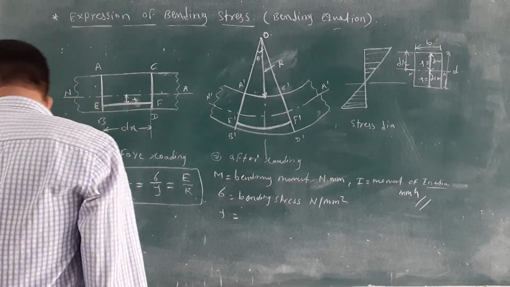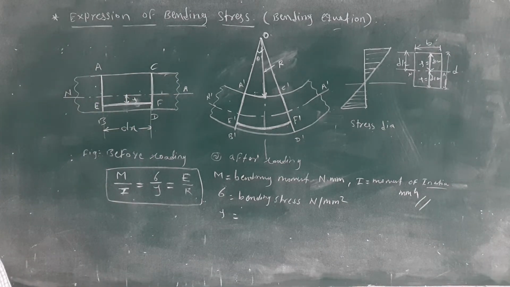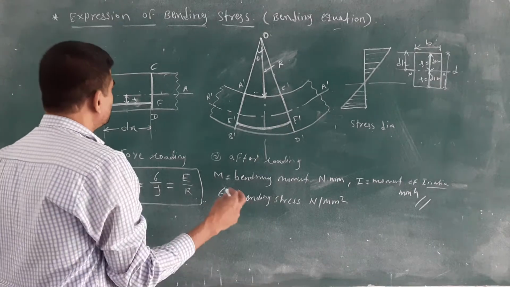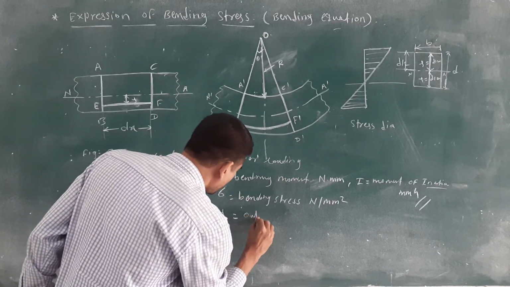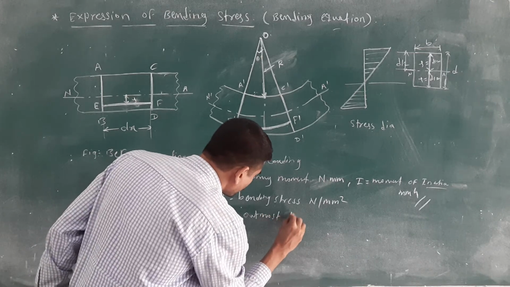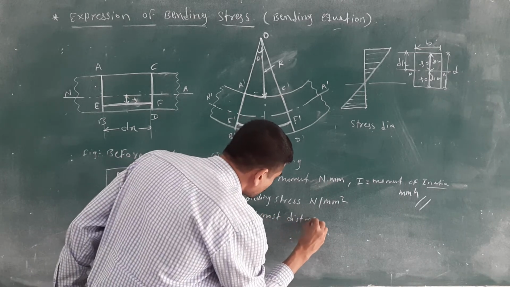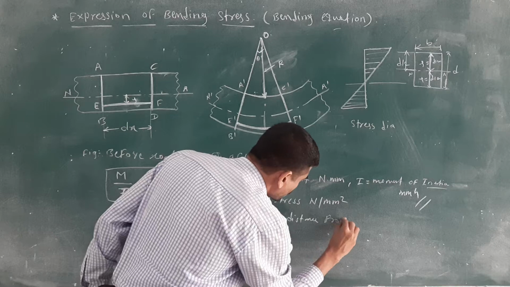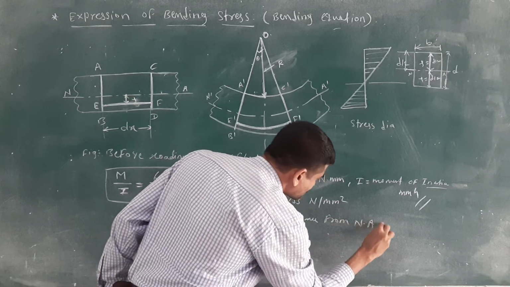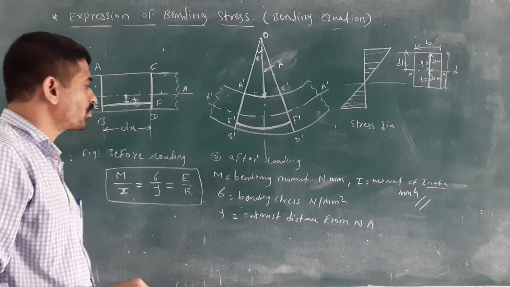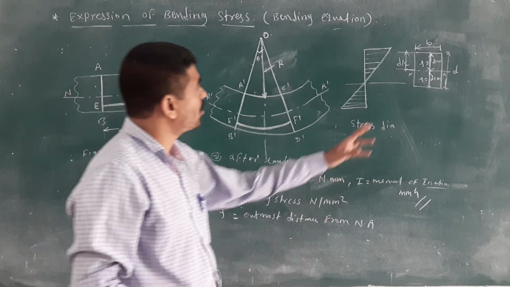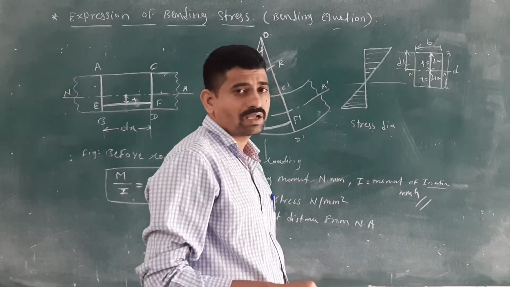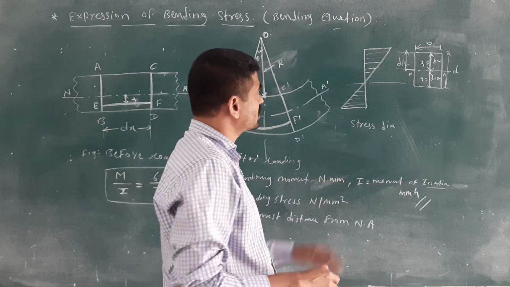Okay, all of you getting what is the Y? Y is the distance from the neutral axis at which the stress is considered. This is the outermost distance from the neutral axis. Remember that. If you are given a hollow rectangular part, which is the outermost distance?